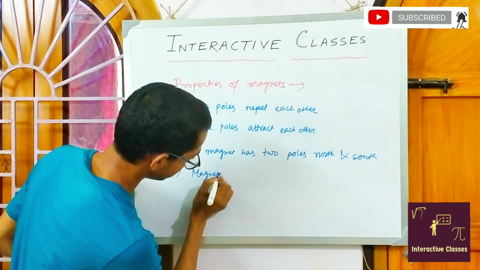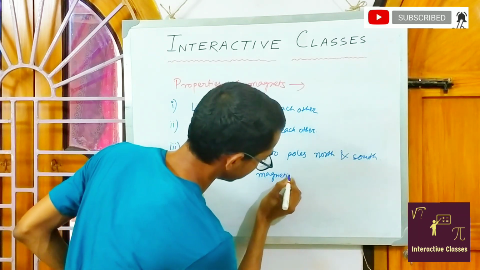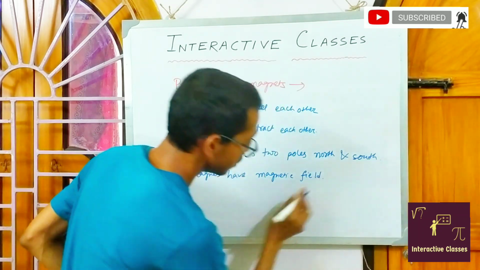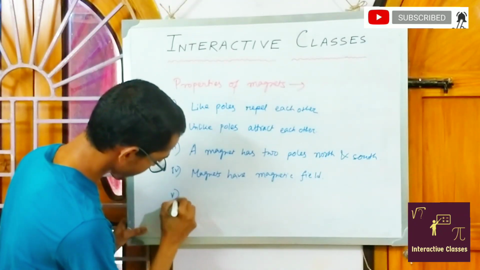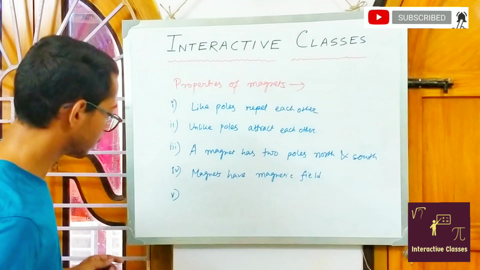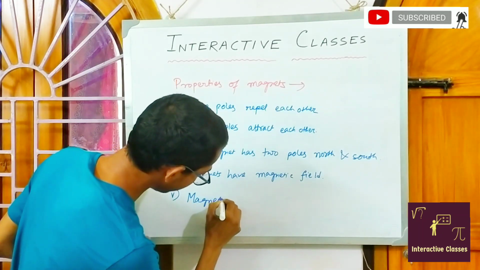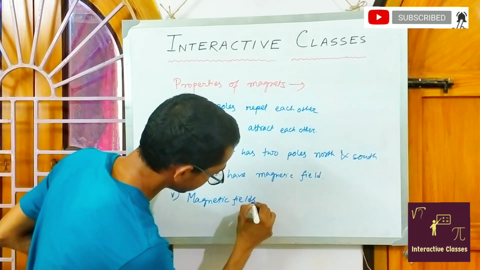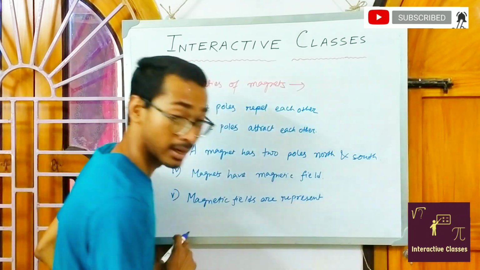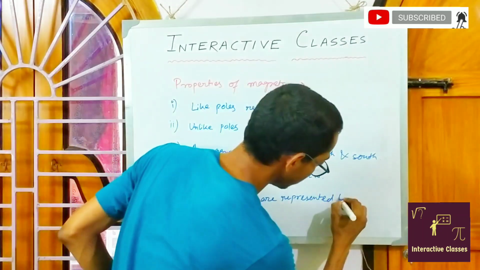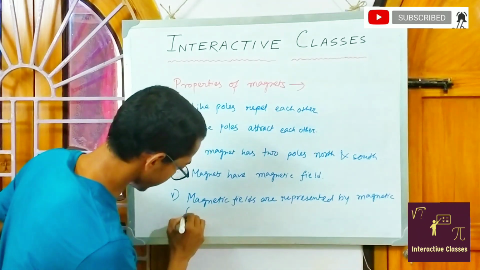Magnets have magnetic field. Number 5. Magnetic fields are represented by magnetic field lines.